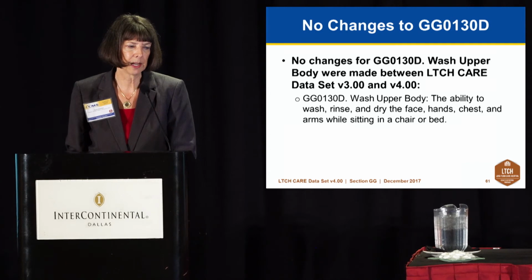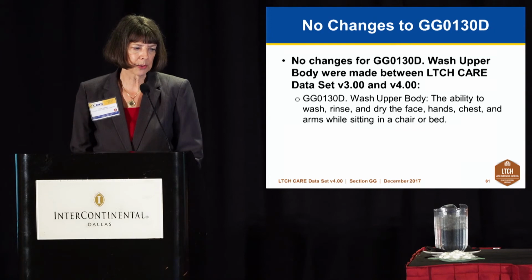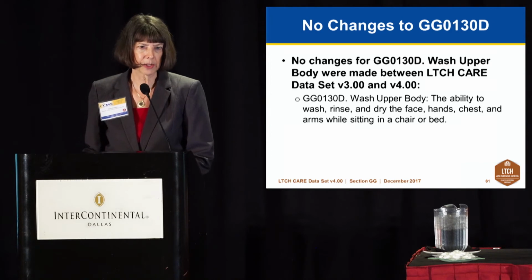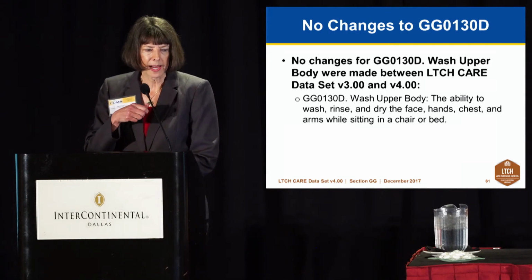So they will be the same between version 3.00 and V4.00. So again, just as a reminder, wash upper body was the ability to wash, rinse, and dry the face, hands, chest, and arms while sitting in a bed or chair. So again, those important tasks that are a part of the activity.